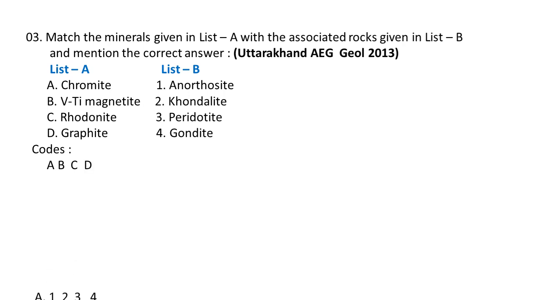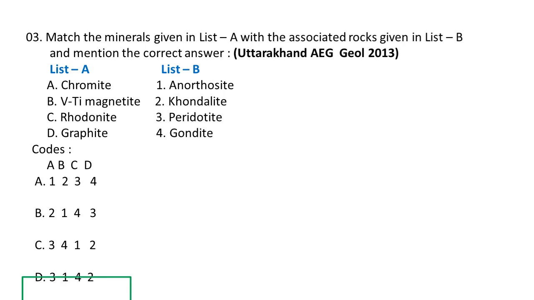The codes like A, B, C, D are given. So the choices are A. A1, B2, C3, D4, B. A2, B1, C4 and D3, C. A3, B4, C1, D2 and D. A3, B1, C4 and D2.